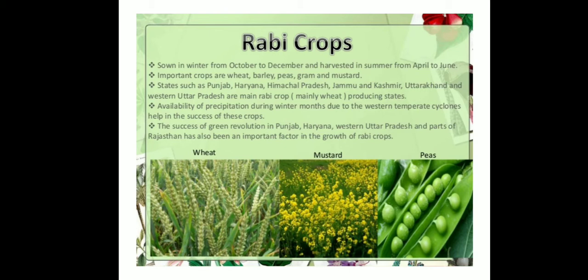The success of Green Revolution in Punjab, Haryana, Western Uttar Pradesh, and part of Rajasthan has also been an important factor in the growth of Rabi crop. Here they are mentioning the Green Revolution, that started in the late 1960s in Punjab and Haryana, which helped the farmers to grow the crops more successfully.